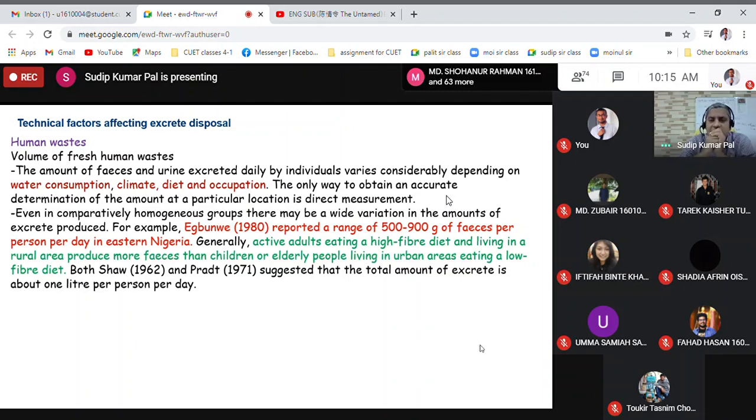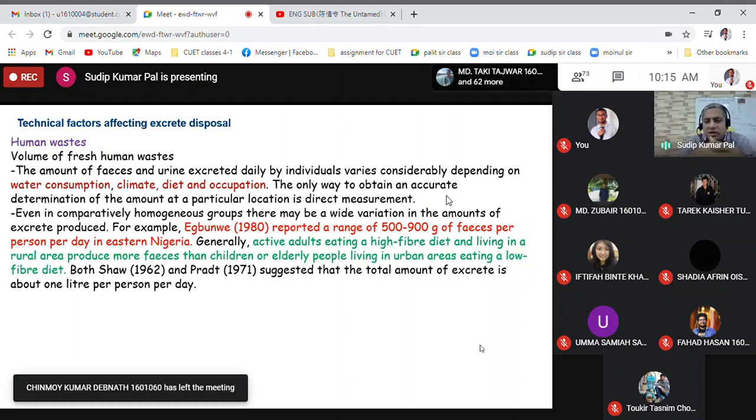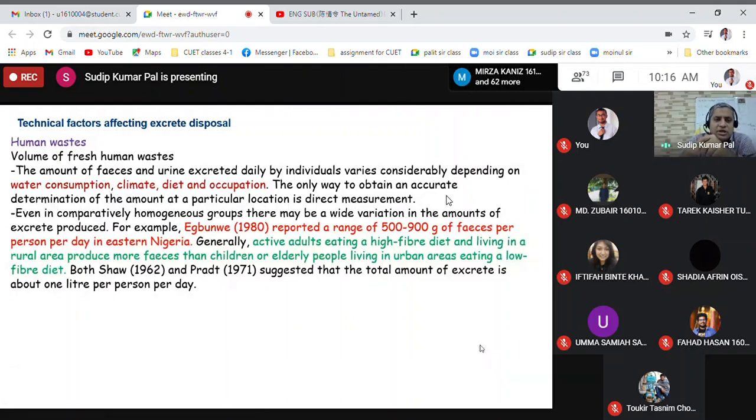It is just to give you the idea that it's quite a wide range. If you think 500, then if you go to 900, it's almost double. And there are some other notes. Generally, active adults eating a high fiber diet and living in a rural area produce more feces than children or elderly people living in urban areas eating a low fiber diet.